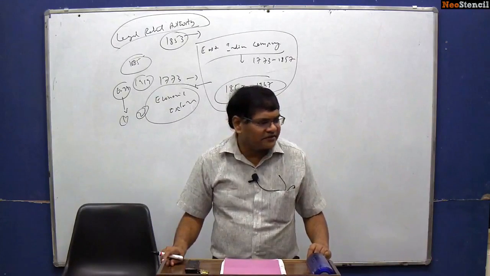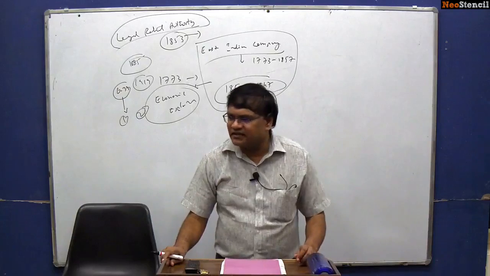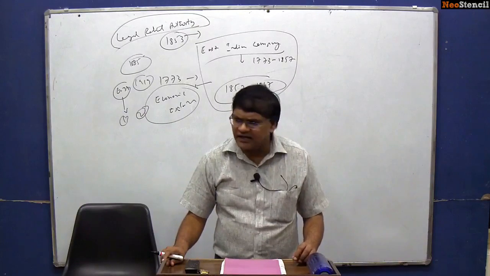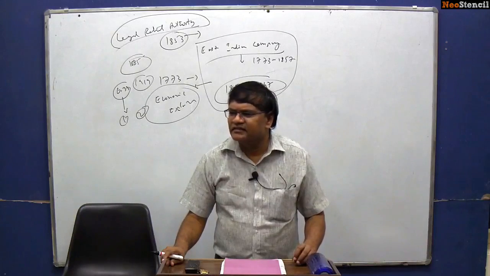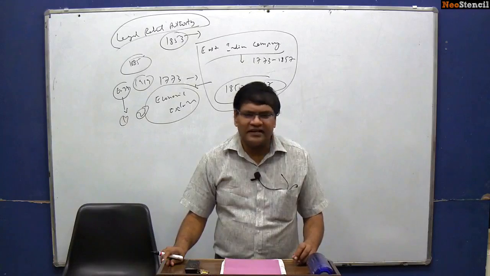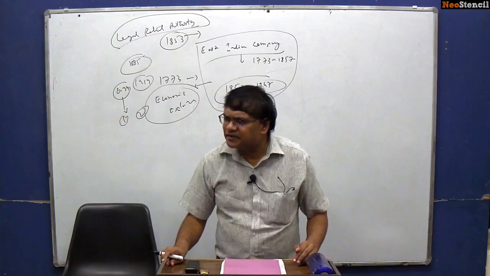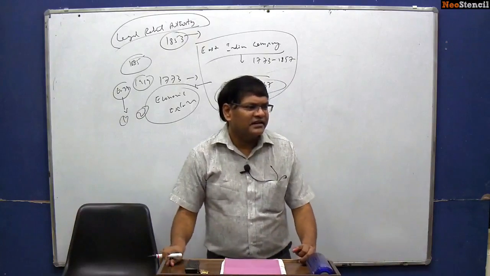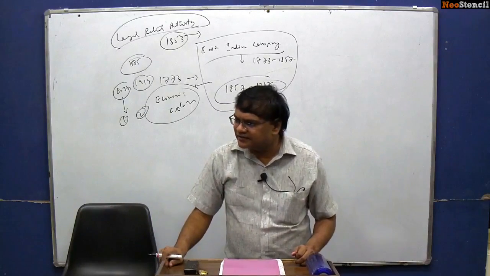In order to satisfy the demands of those people, as you have written, constitutional governance was introduced. Under 1892 Councils Act, for the first time Indians were nominated to the central legislature. This central legislature, as part of separation of powers, was responsible for law making, with the Governor-General taking the responsibility of implementing the laws.